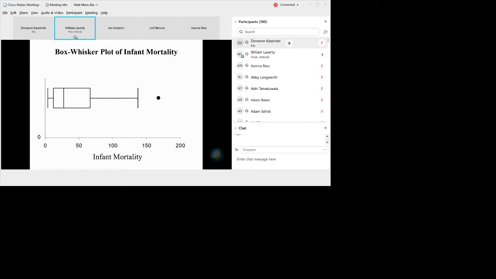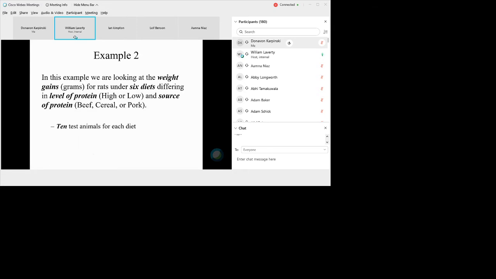Another example. In this example, we're studying the effect of various diets, 6 diets, on weight gain. 3 of the diets were high protein diets. 3 of the diets were low protein diets. The three high protein diets differed in their source of protein: beef, cereal, and pork.